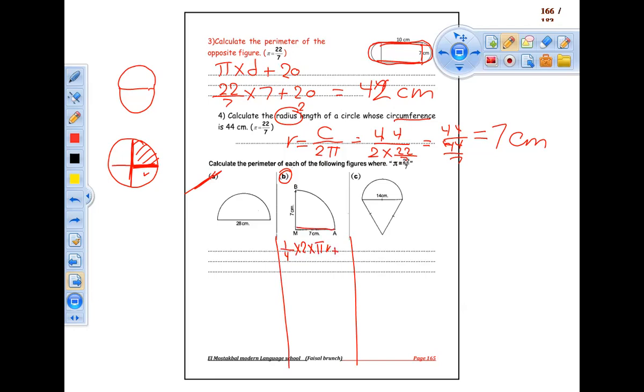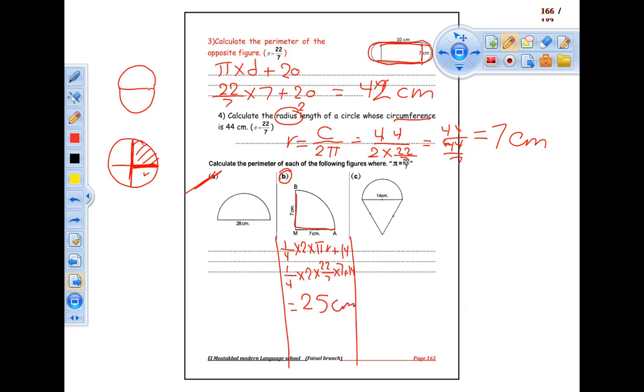This line and this line. 7 and 7 is 14. Quarter by 2 by 22 over 7 by 7 plus 14. And now we can use our calculator to get this. It will equal 25 centimeter.